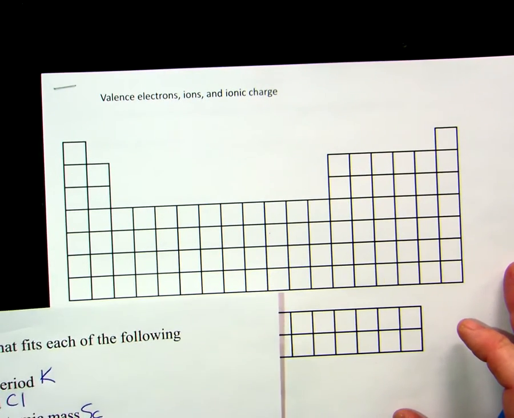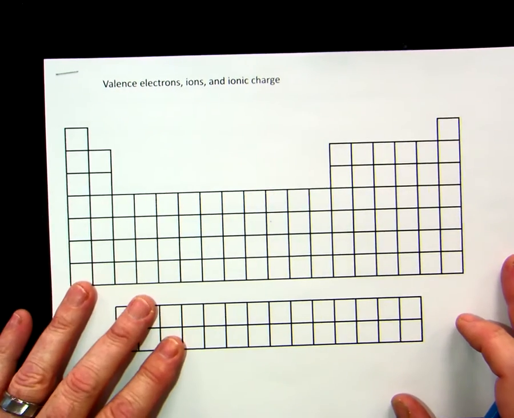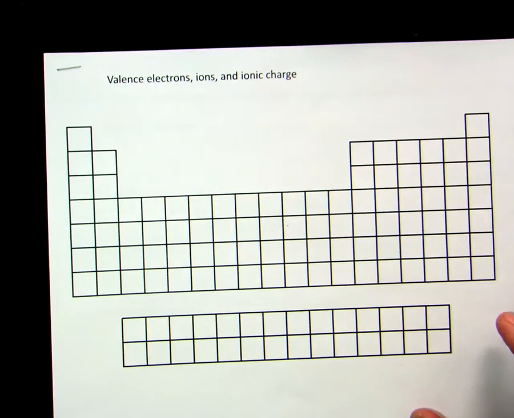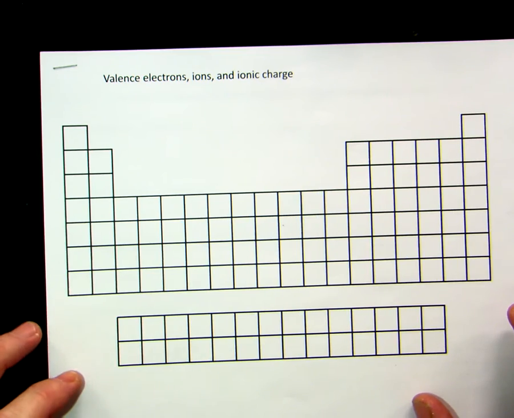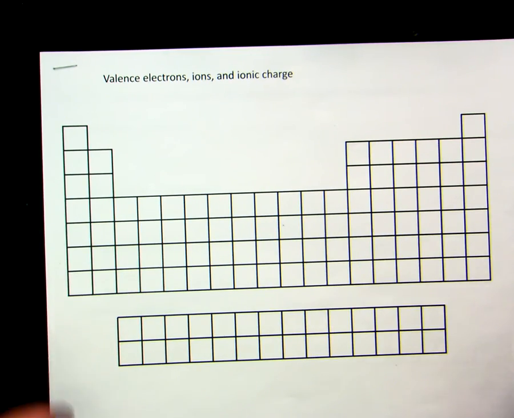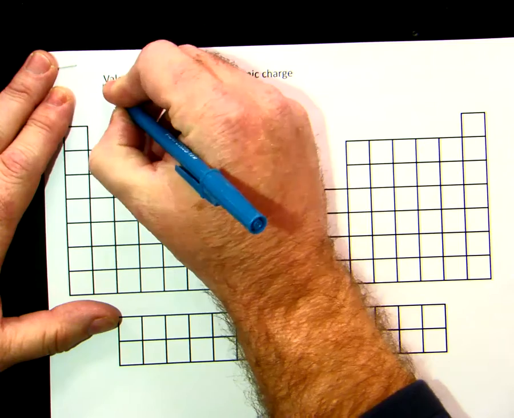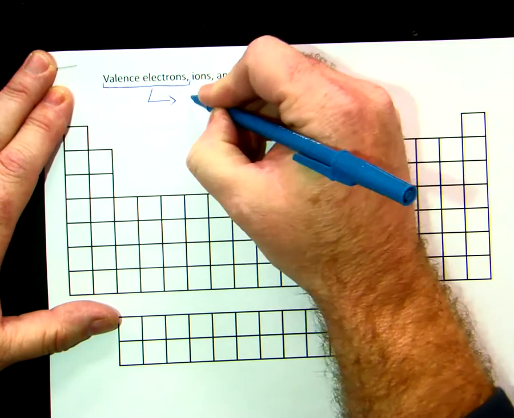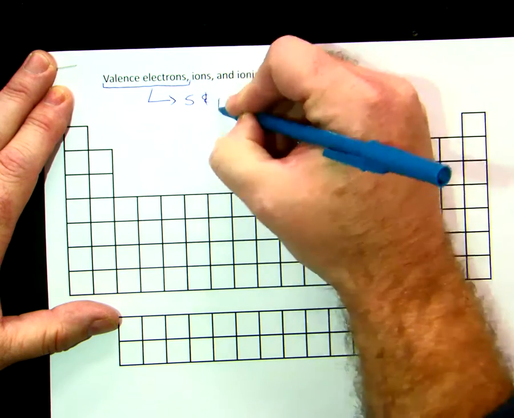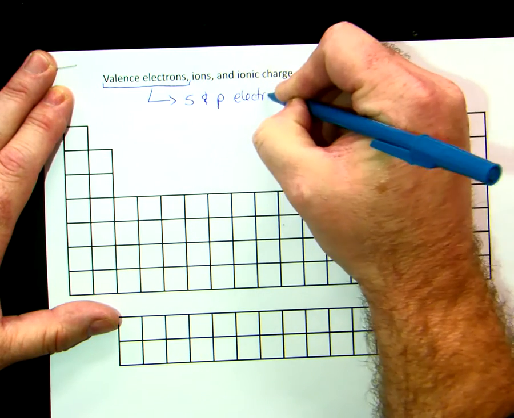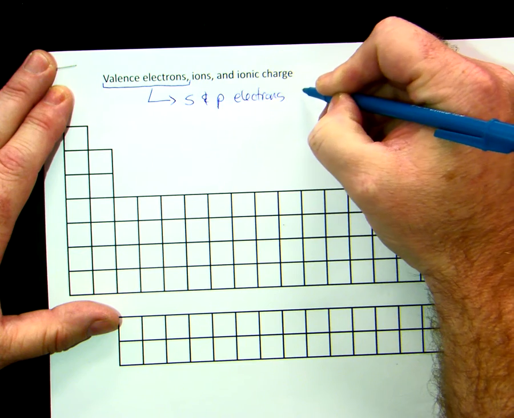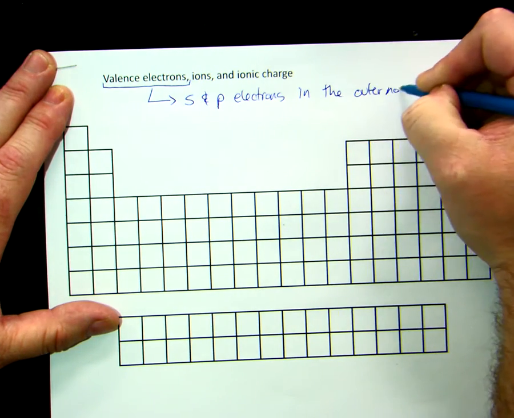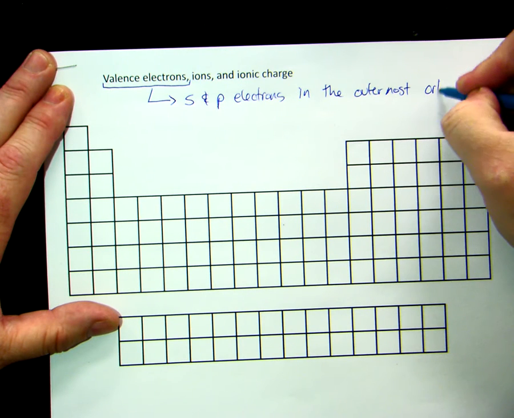Now, one of the things we're going to talk about, bringing up electron configuration, is what happens when you gain and lose electrons. So valence electrons are s and p electrons in the outermost orbitals.